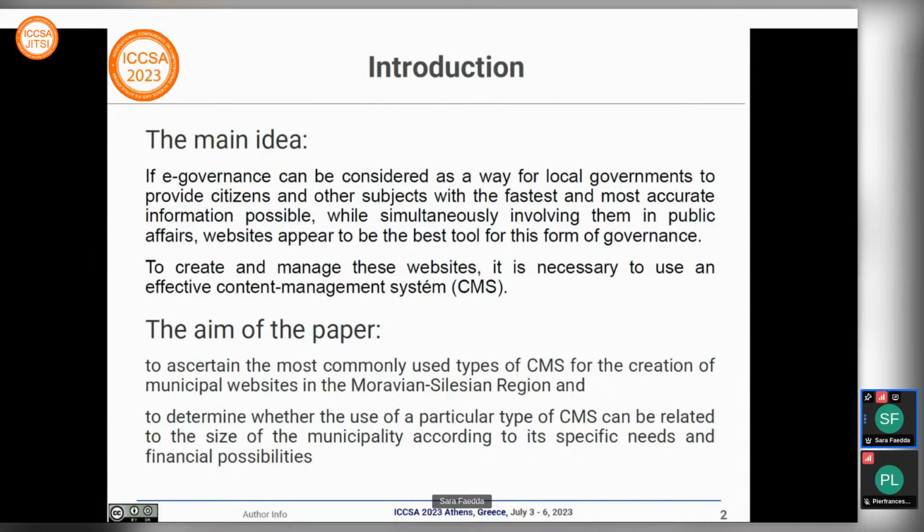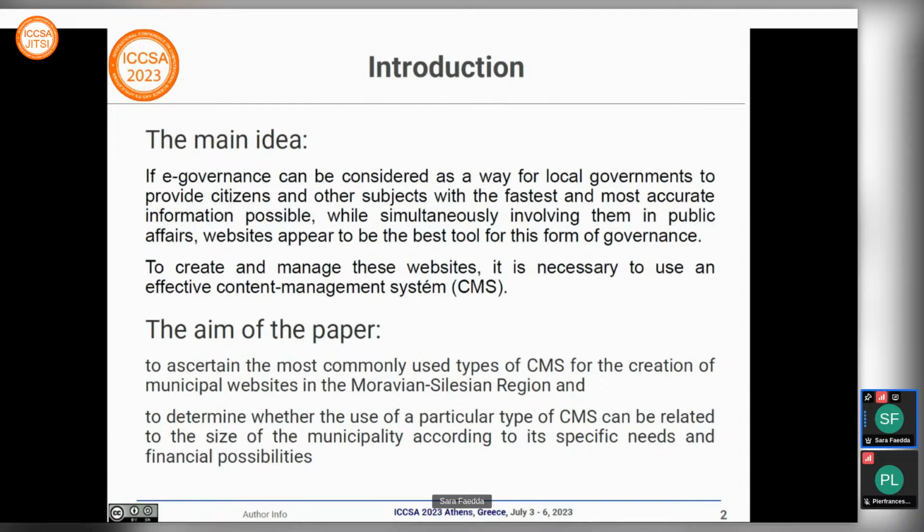Municipalities in the Czech Republic are obliged to have websites and inform their citizens about everything. It is very important to choose this CMS properly, because this choice determines the effectiveness of these websites.